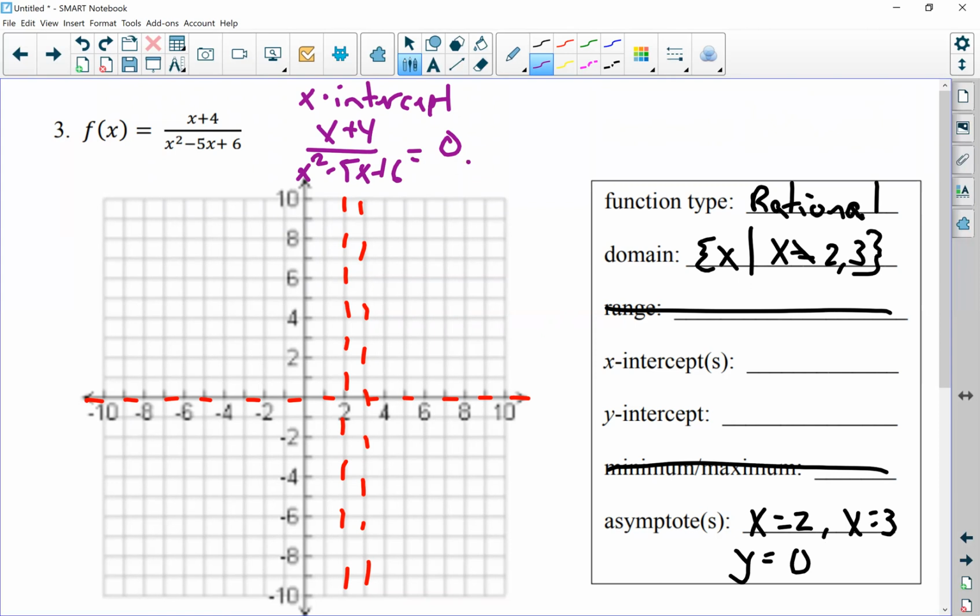I'm going to think of that as 0 over 1, and I'm going to cross multiply. So we get x plus 4 times 1, which is just x plus 4, and that equals x squared minus 5x plus 6 times 0, which is 0. Solve for x, we get x equals -4.